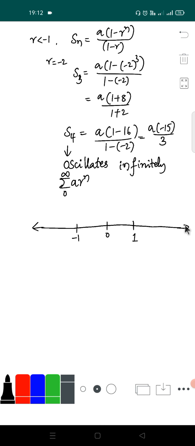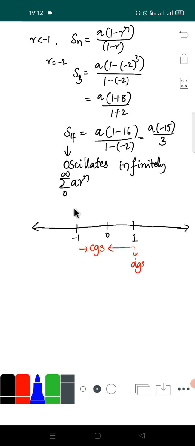Suppose if our r is in between -1 and 1, then it converges. If it is 1, it diverges.